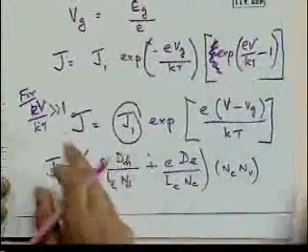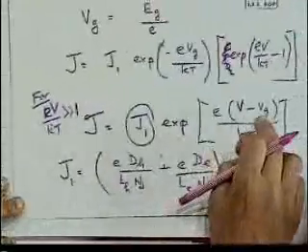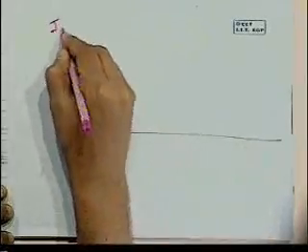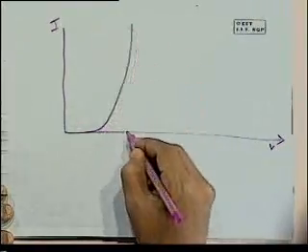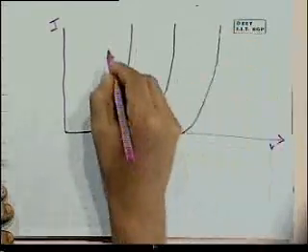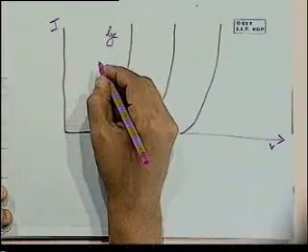So now if we plot current versus voltage for different materials, that means as Vg or Eg changes, we will get something that looks like this. That's current and that's voltage. For different band gaps, we'll get a series of curves where this is, say, for germanium with a band gap of how much?